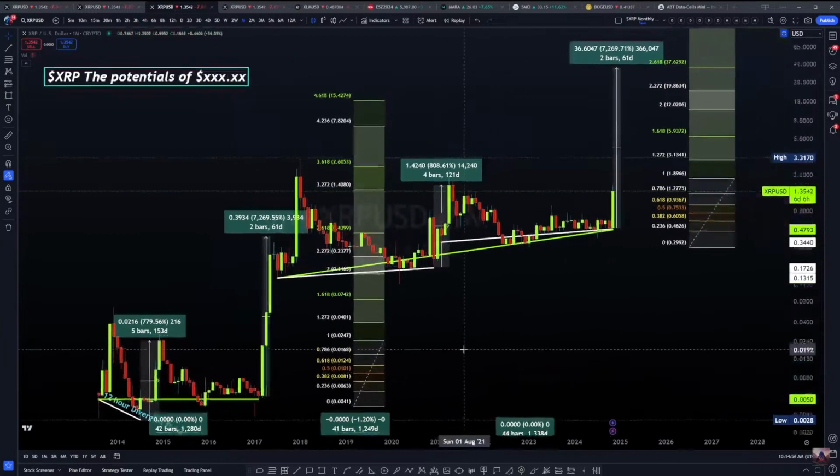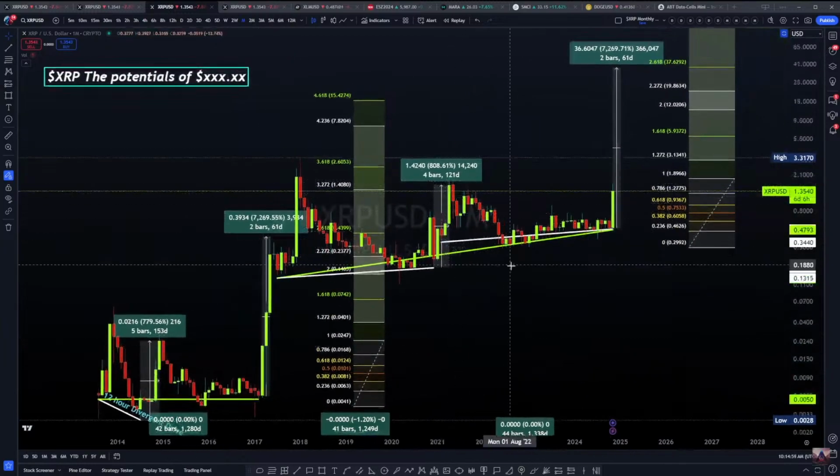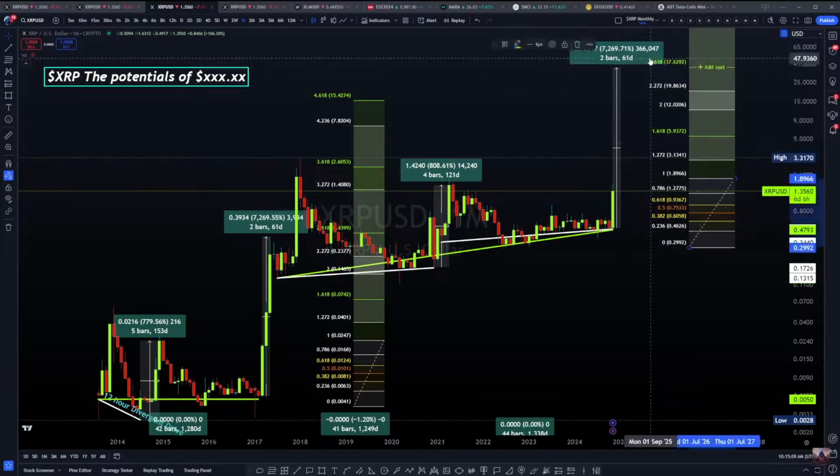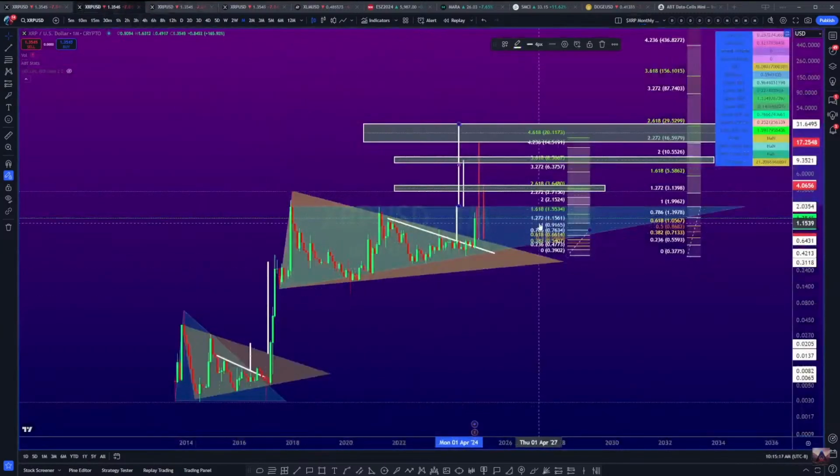So if we take a similar behavior from this area to this area, 2.618 meets right here magically at 7,269%, just like this iteration, to $37, of which the triangles are already leading towards a $30 target.